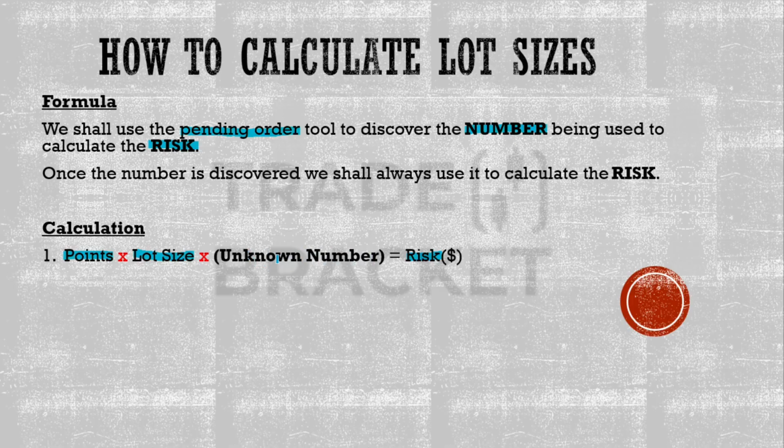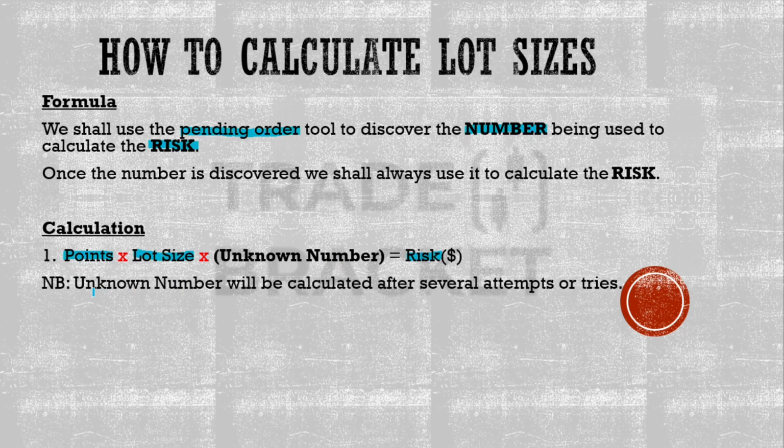That will be the only missing piece to the puzzle. One thing you need to note is that the unknown number will be calculated after several attempts. We shall keep changing the digits, using different figures and numbers, until we discover this unknown number.